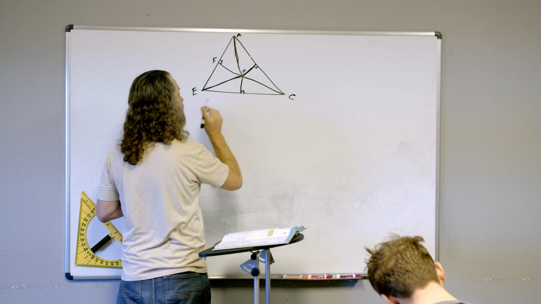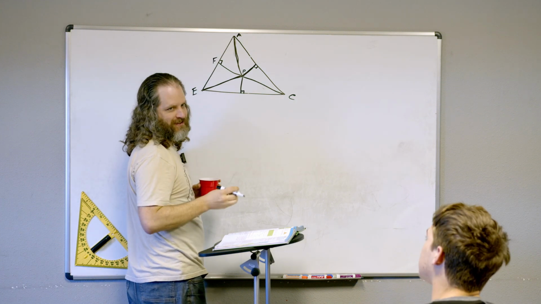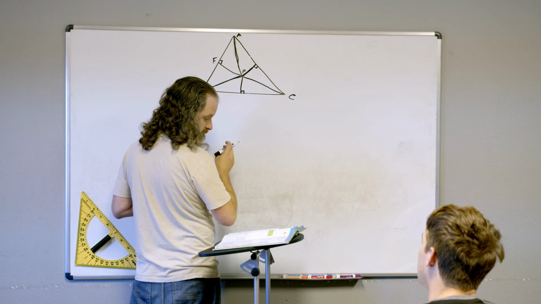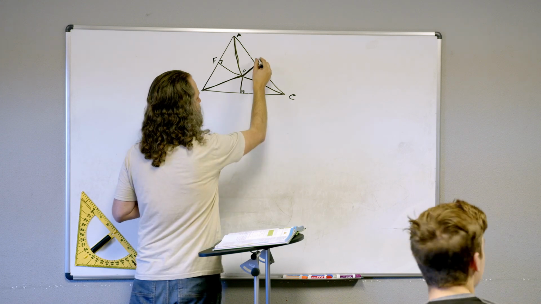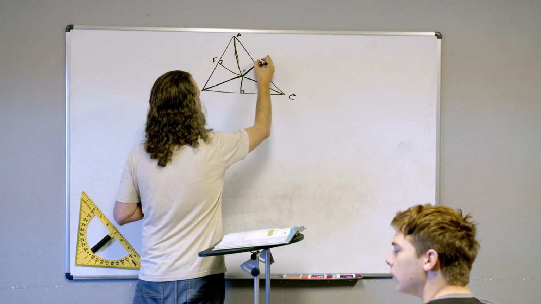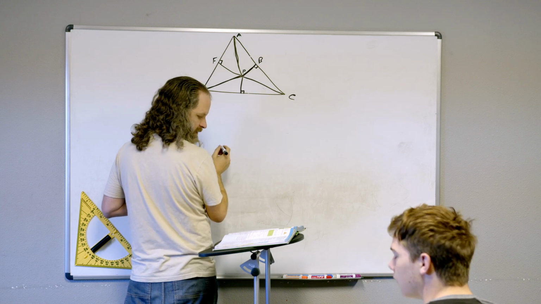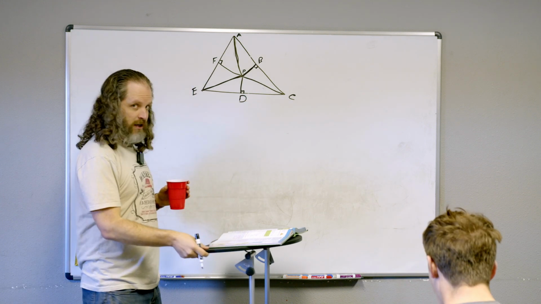Okay, so y'all are saying properties of the incenter, but what is it? The conjunction of all the bisectors. It's where they all cross. That's the incenter.